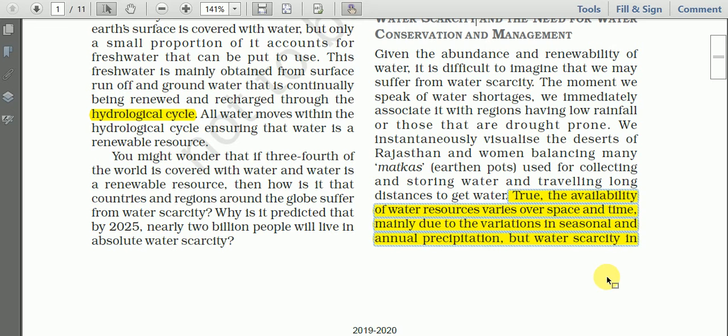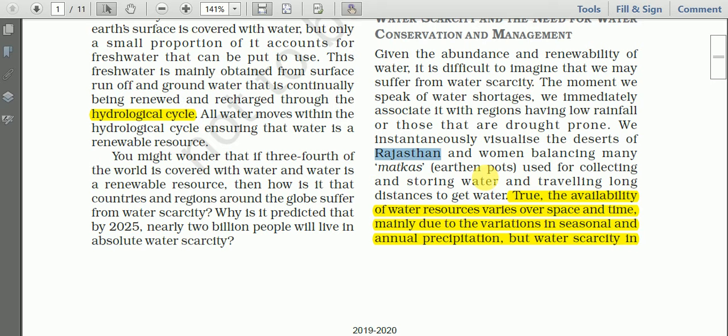The availability of water resources varies over space and time. That means this availability of water is different from time to time and from place to place. For example, in case of India, in desert areas like the Rajasthan deserts we find less water, whereas in mountainous areas we find more water. That means the availability of water is different from place to place. In some areas water is not available, in other areas water is available, and it is also different from time to time.